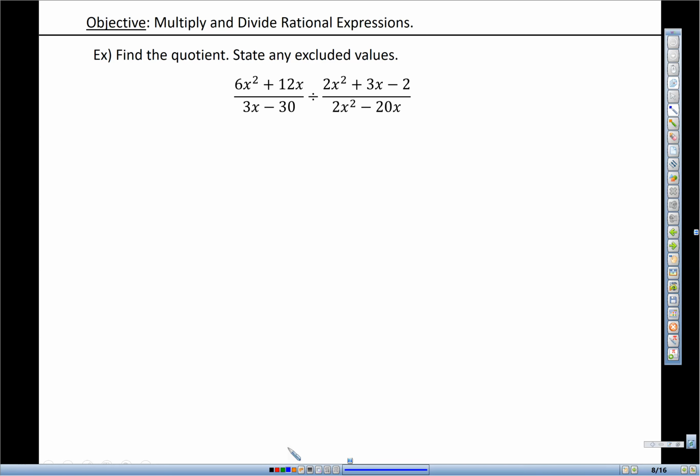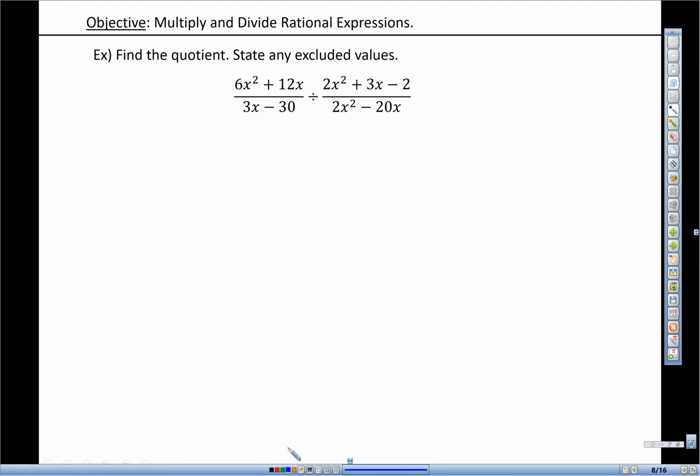All right, so here I have a division problem, and I'm going to rewrite it as multiplication. Whether you do that and then do all your factoring, you do your factoring and then rewrite it, or you kind of try to do them both at once, doesn't really matter as long as you keep track of everything.